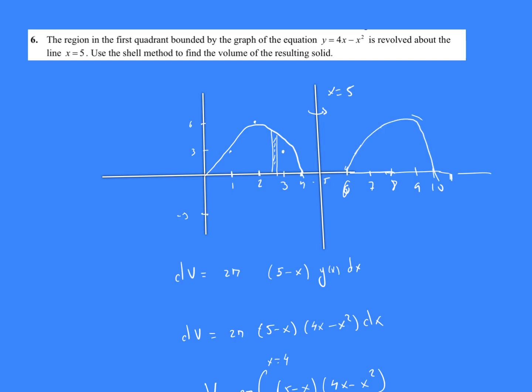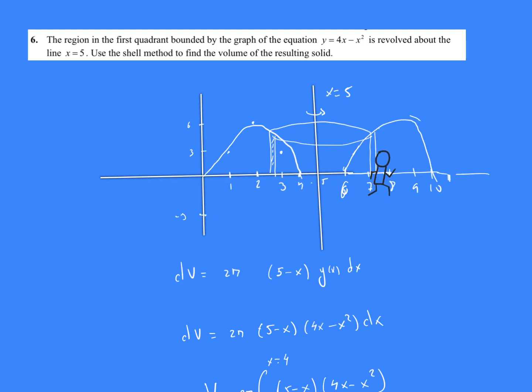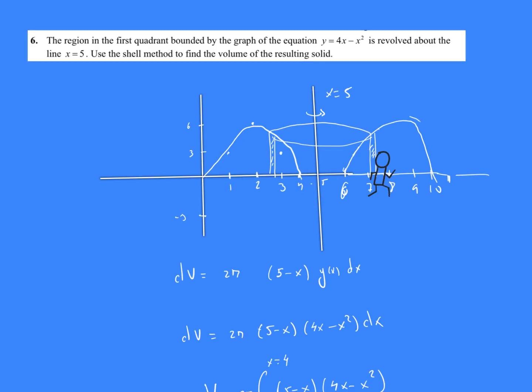So you consider a stripe, a door, like we'll do like this. You imagine the guy walking through here. So where is the guy? The guy is here. Let's put the guy. The guy is here, and he will walk through the door, and he will perform one rotation, and he will generate a volume.